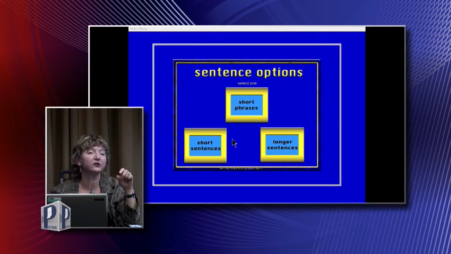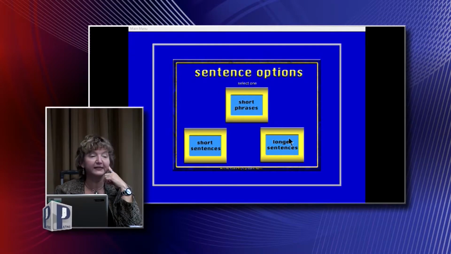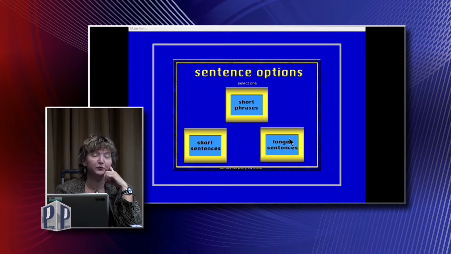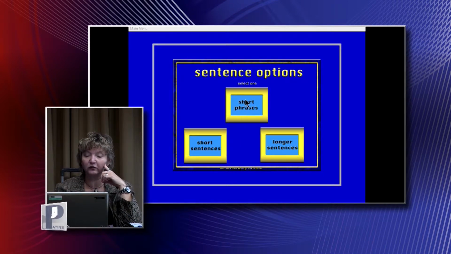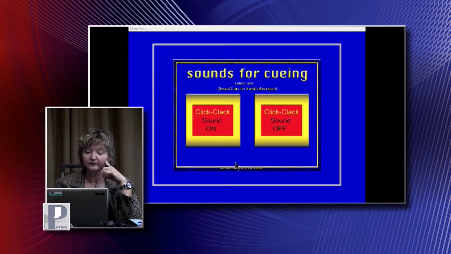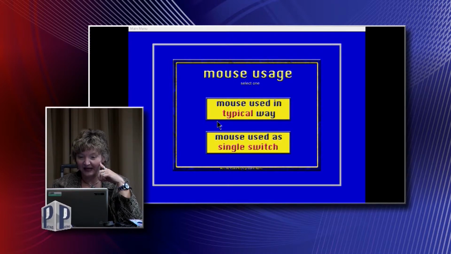This series also has data collection. So I could have logged in as a student and it will follow what I'm doing. This is your language piece, how much information is being presented to them. So again, I'm going to go kind of in the middle with short phrases. And then you can also get rid of that clacking sound if that bothers them.